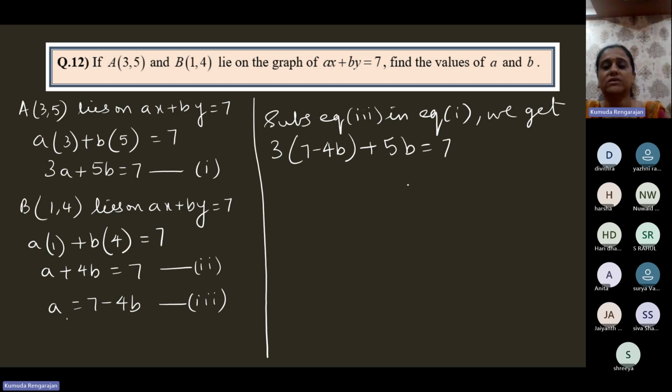So what's happening is, in this equation 1, we have two unknowns A and B. But now we have A in terms of B, A is equal to 7 minus 4B.